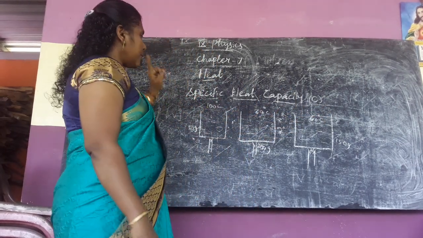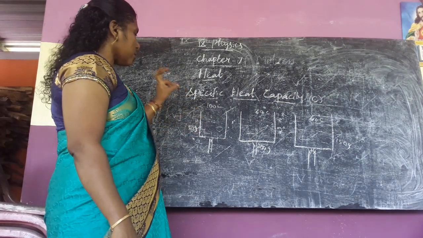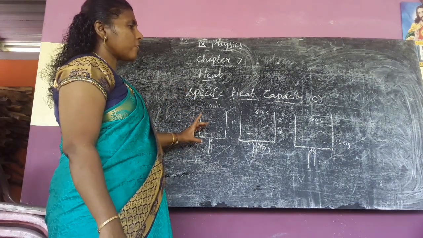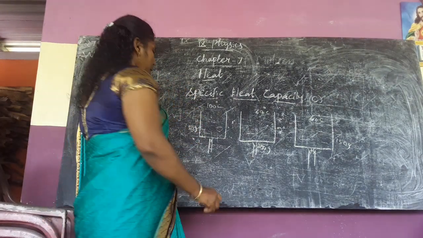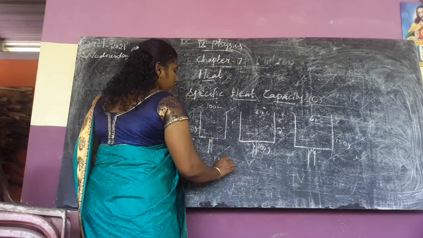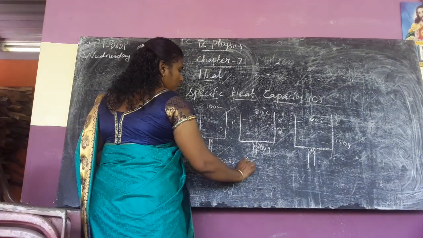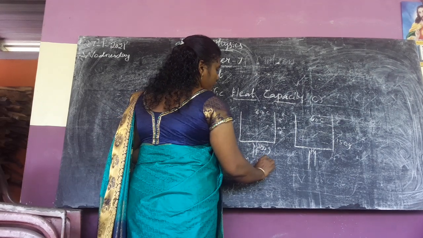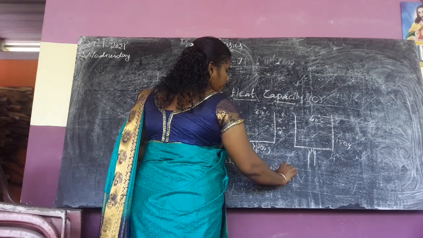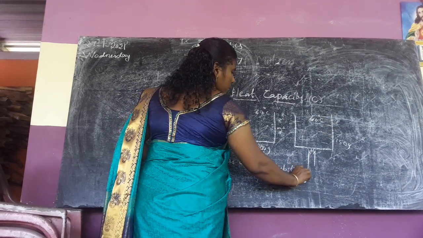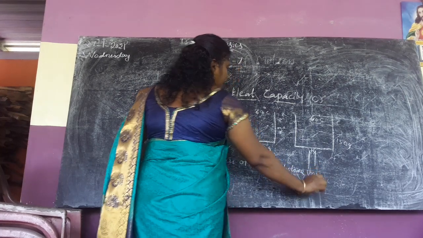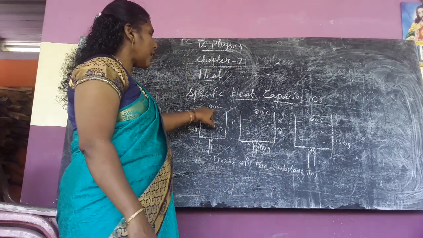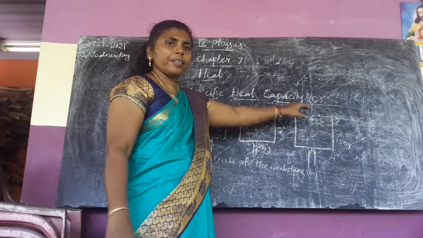Now, first, according to the mass, the smaller mass reaches boiling point first. So, first, the mass of the substance, which is M. Now, see the temperature changes: 100, 80 and 60.